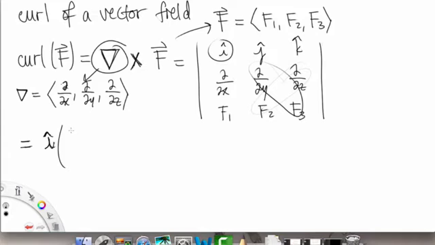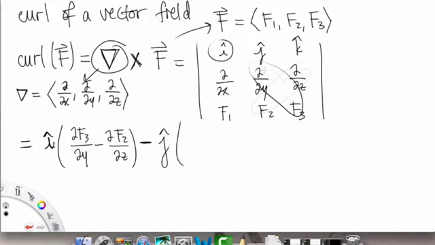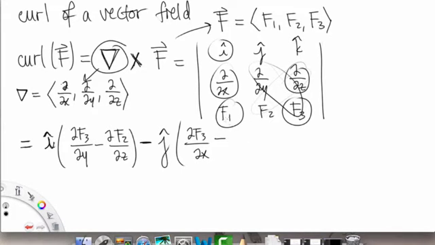So we have partial of f sub 3 with respect to y minus partial of f sub 2 with respect to z. And then we have this minus sign times j hat. And here we'll have the opposite ones multiplied: partial of f sub 3 with respect to x minus the other product, the partial of f sub 1 with respect to z.